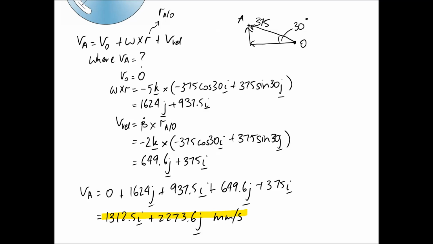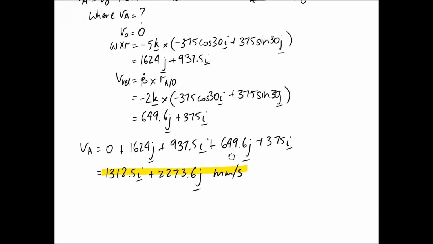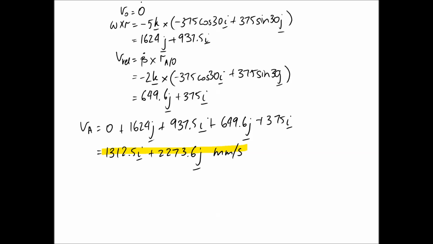So the other thing we were asked to do is find the absolute acceleration of point A, and it's pretty much going to be going through the same process except using the acceleration equation. So that one is the long one.